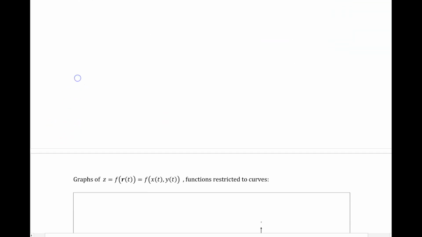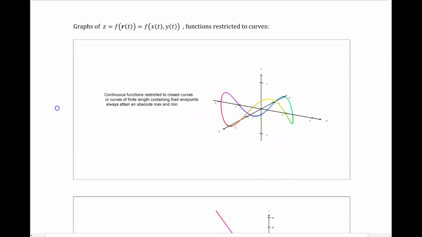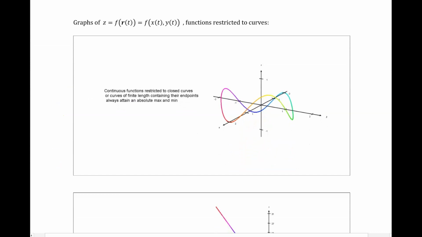Just to wrap up this video, we're also going to look at what happens when we take a function and restrict it to a curve, which we've done in multiple contexts in previous work. If you have a continuous function restricted to a closed bounded curve that has finite length, then you're going to attain an absolute max and an absolute min. I've got an example here, with a highest point and a lowest point out here.